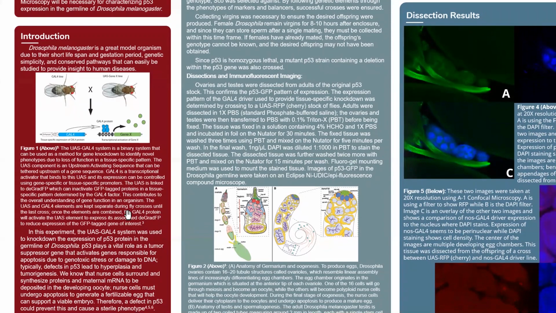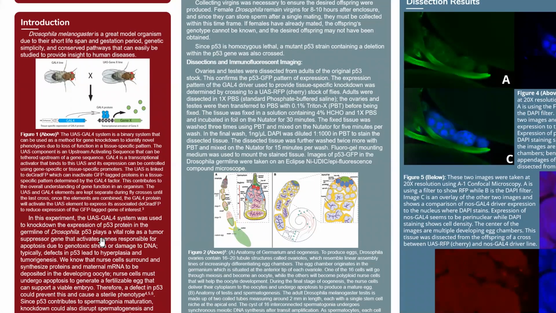The UAS and Gal4 elements are usually kept separate during fly crosses until the last cross, and once they're combined, the Gal4 protein will activate the UAS element to express its associated degradFP, which physically guides the GFP-tagged proteins to the proteasome for degradation, and this will lead to our loss-of-function phenotype.